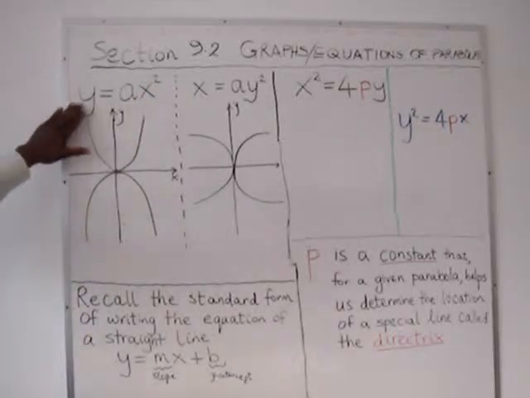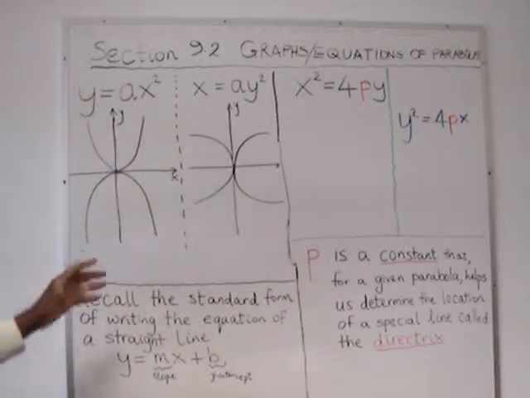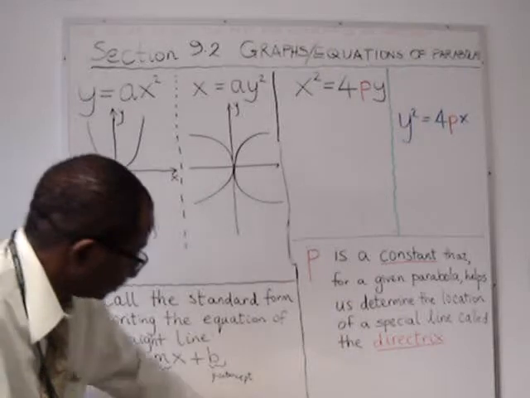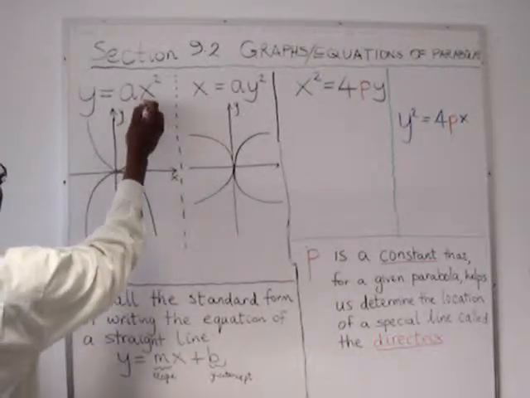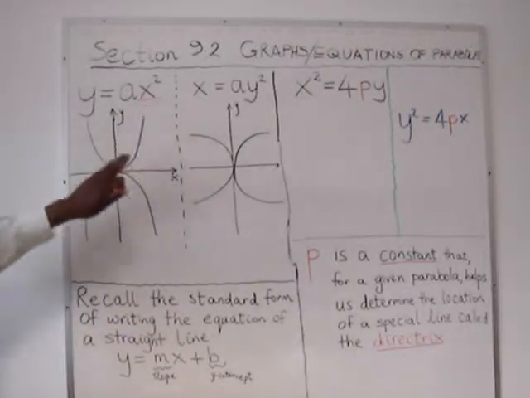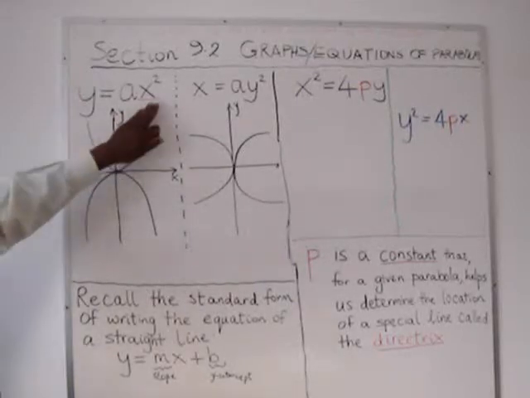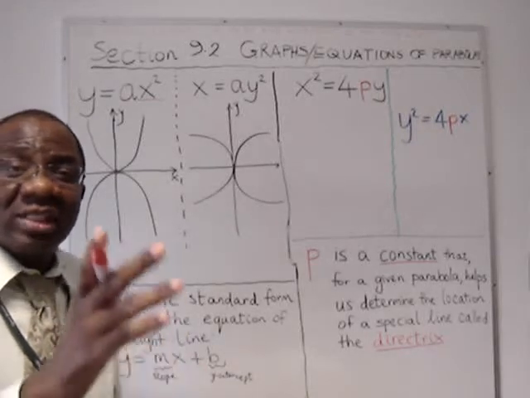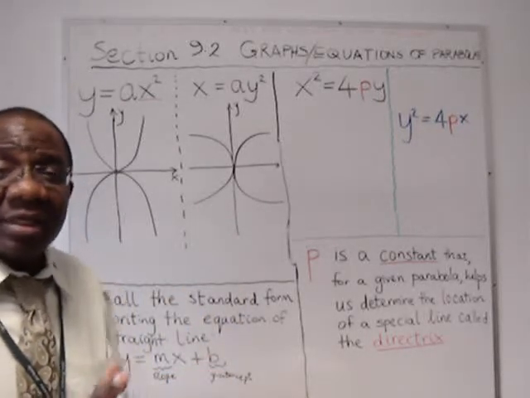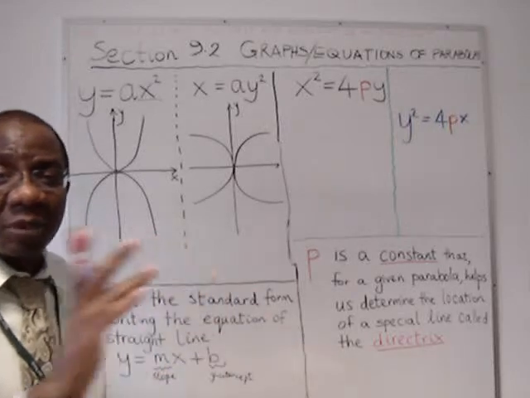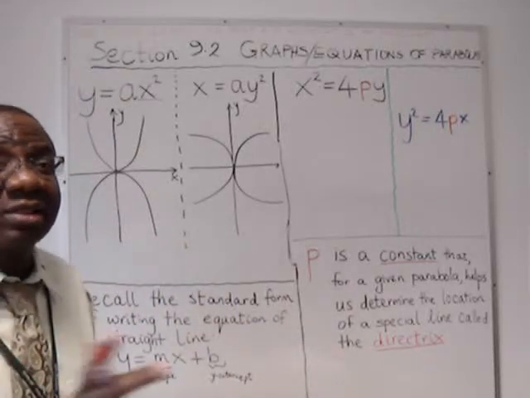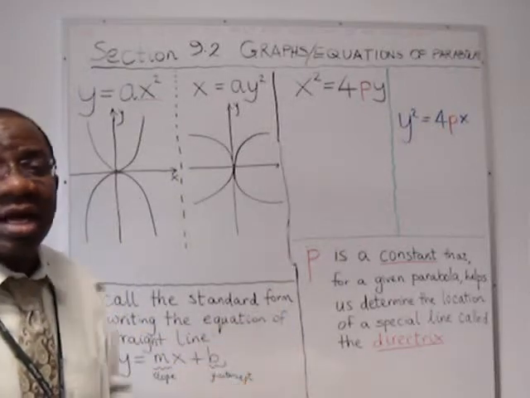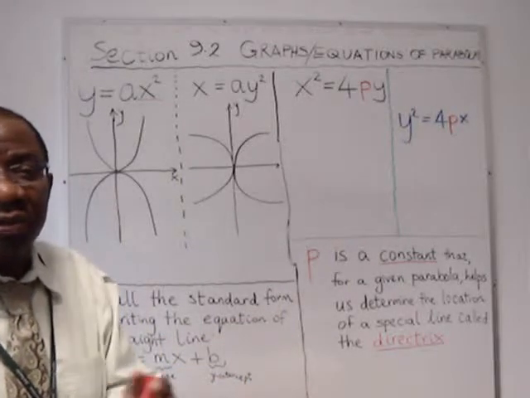When this is the equation, y equals ax squared, think about it. What is this telling you? Look at this x squared term. What does it tell you? It means that for the same absolute value of x, whether it's negative or positive, that is minus 3 or 3, the absolute value of minus 3 and 3 are both equal to 3.